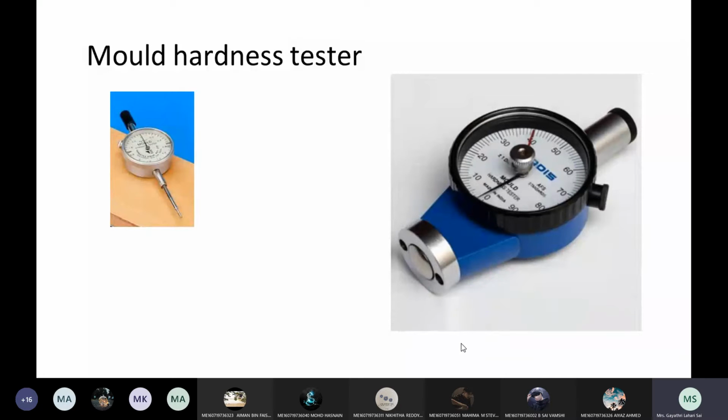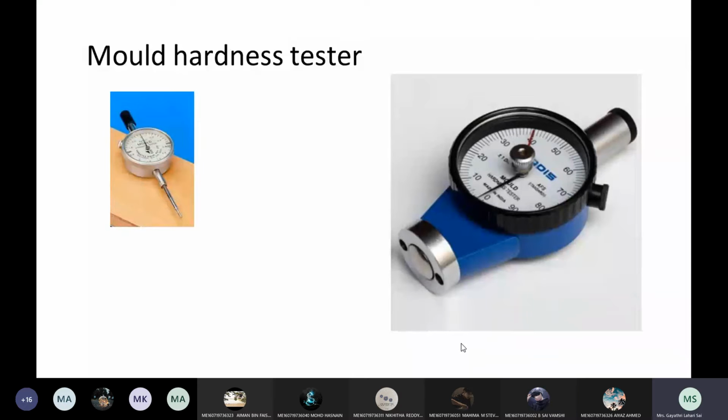When the ball indenter sinks completely, the reading will go to 0. It could be 10, 20, 30 based on the hardness property of the sand. You will be measuring it, right?